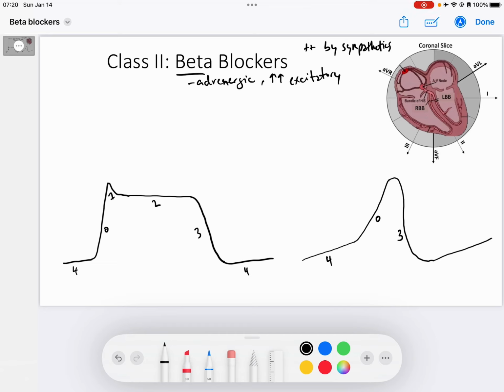So how does that affect the heart? If I look at my heart in the upper right hand corner, we've got our nodes, our SA node and our AV node. Both of these nodes are innervated by our sympathetic nervous system, so they receive sympathetic fibers.